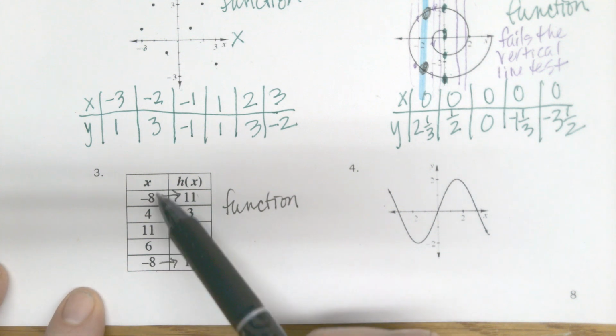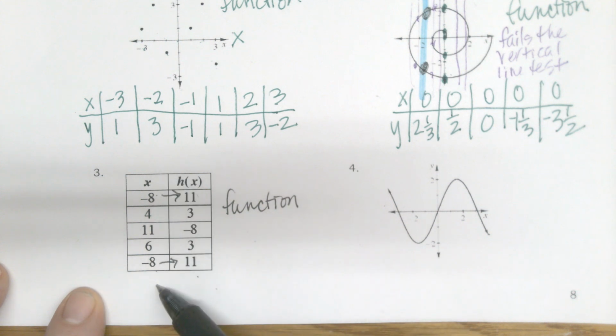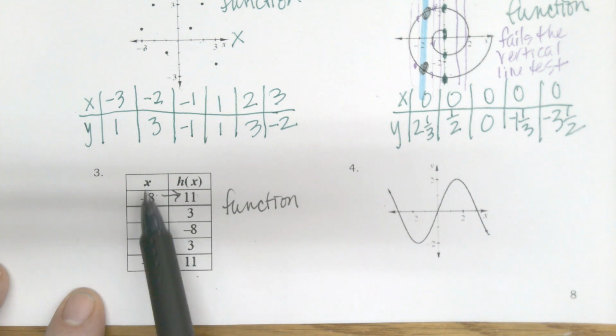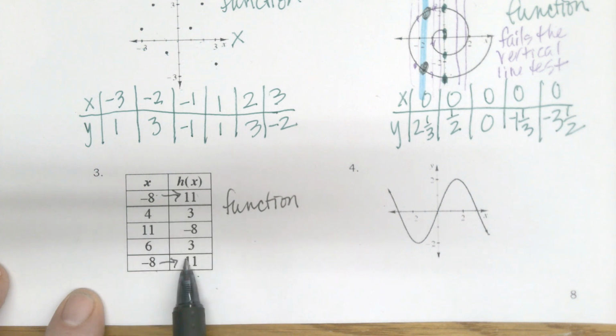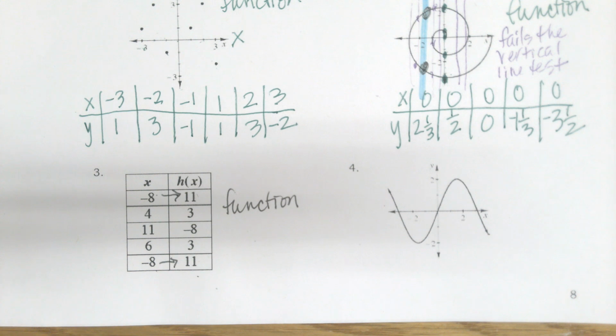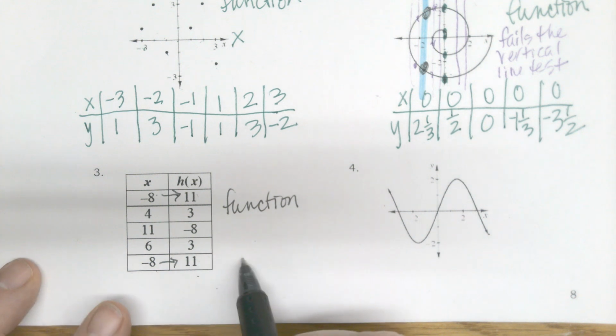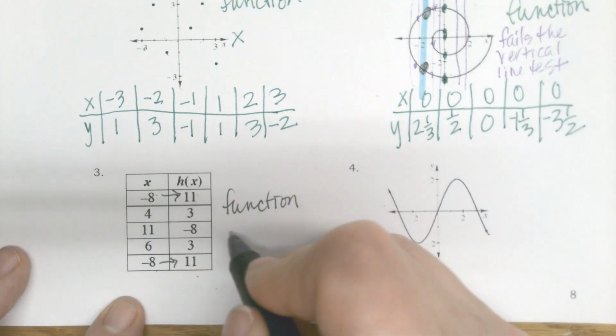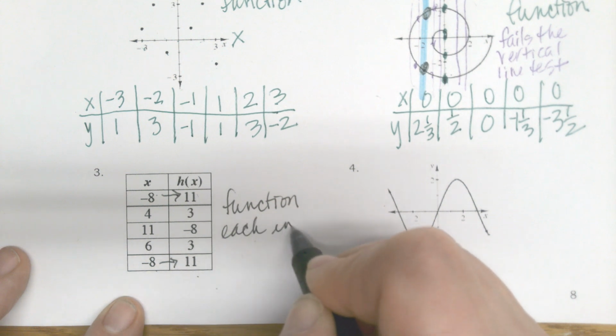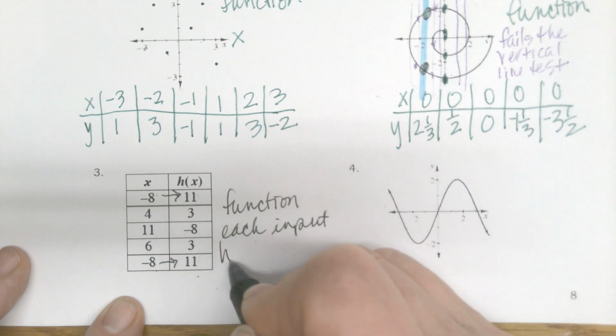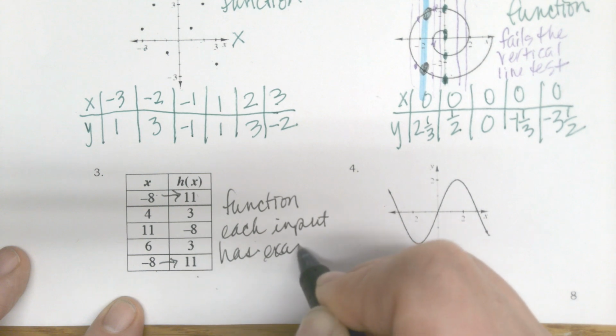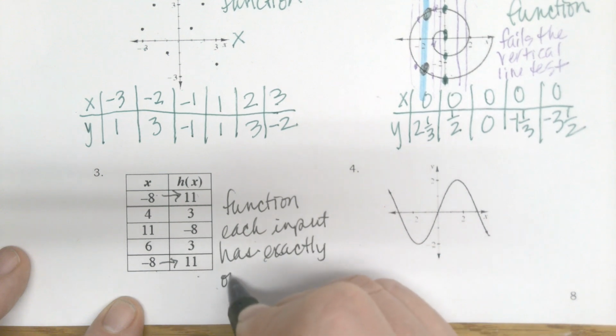Sometimes when we've learned these in the past, we just look at the x's and we don't even care about the y's. But remember, the definition is that it can only go to the same number each time. So anytime I get an output from -8, it better be 11. And if it's not, then I know that I have an issue. And so this is a function. Each input has exactly one output consistently.